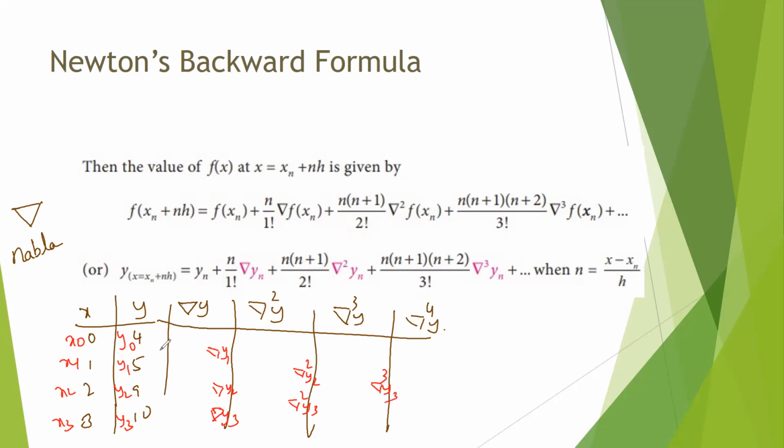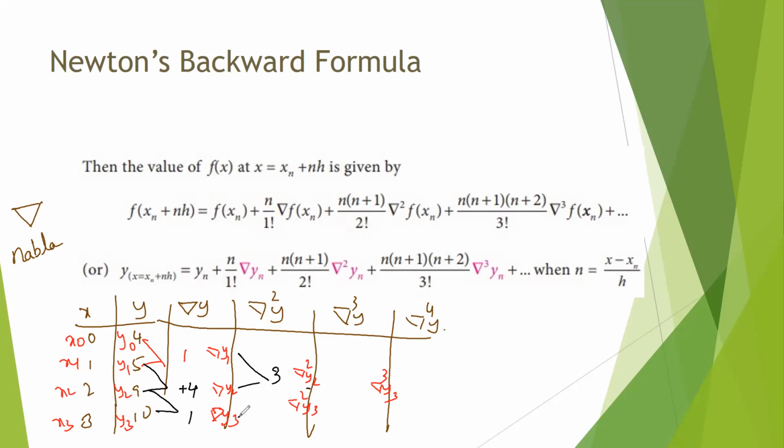Let us find the differences. y1 minus y0 is 1, y2 minus y1 is 4, y3 minus y2 is 1. Next, nabla y2 minus nabla y1 is nabla square y2, that is nothing but 3.